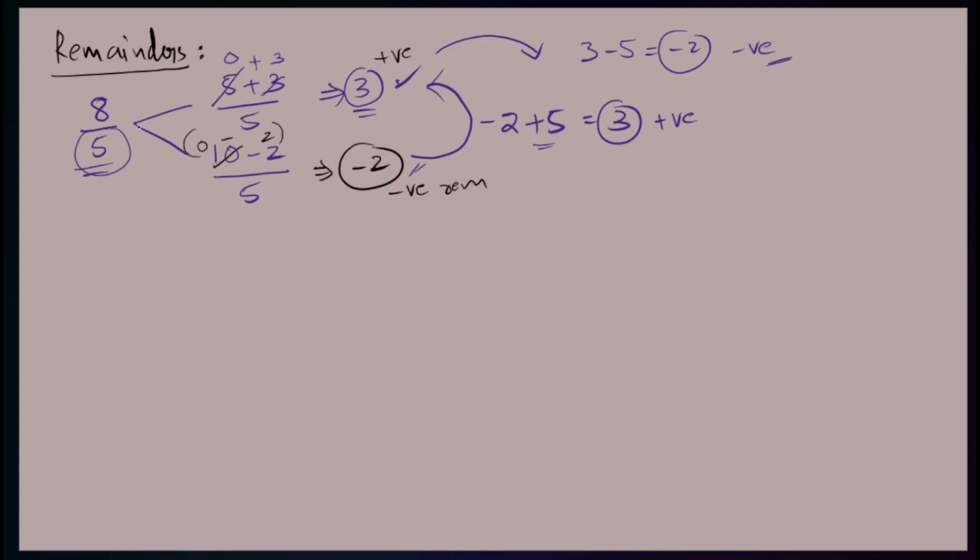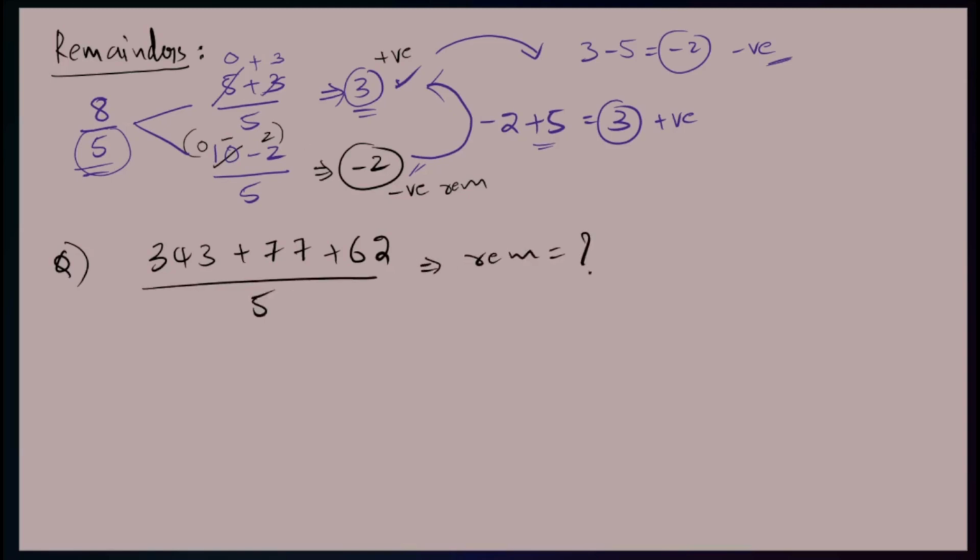Why are we learning this negative remainder and positive remainder concept? For example, if I ask you 343 plus 77 plus 62 divided by 5, what is the remainder? What you generally do is add them up and divide by 5.